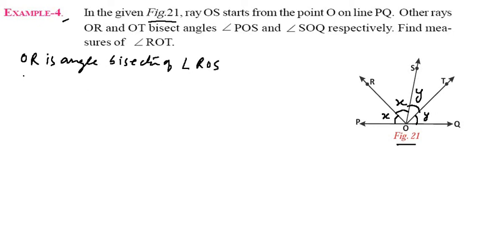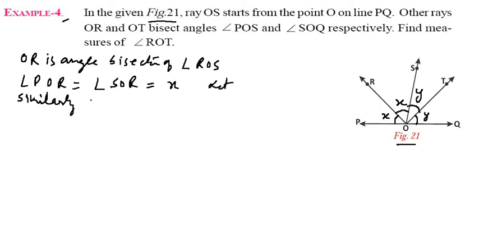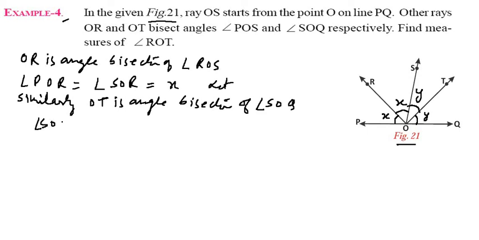So angle POR is equal to angle SOR, and let it be X. Similarly, OT is the angle bisector of angle SOQ. Hence, angle SOT is equal to angle TOQ, and that is Y.